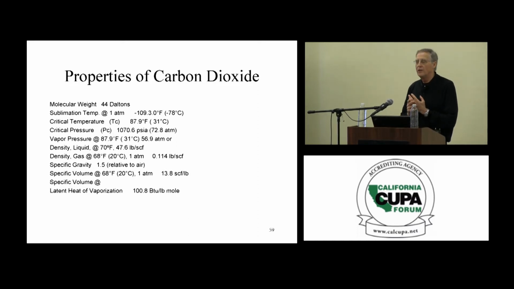The average molecular weight of air is close to 29, right? Because you take the percent of nitrogen, the percent of oxygen, there's a little argon, et cetera, some other trace, but it's roughly 28.9 or somewhere around that.